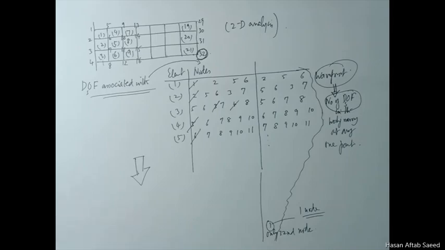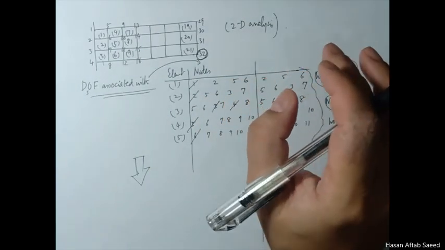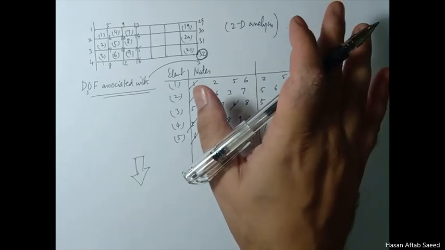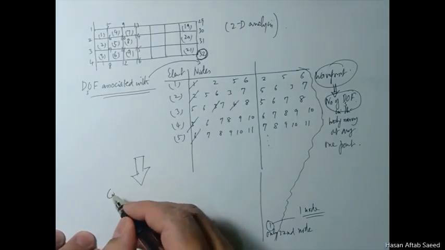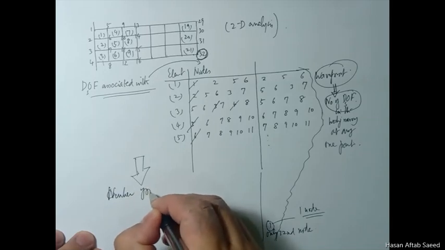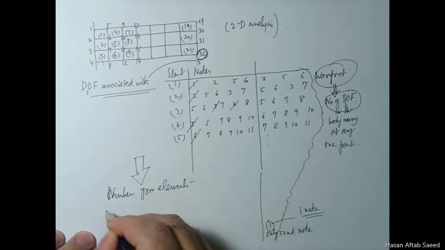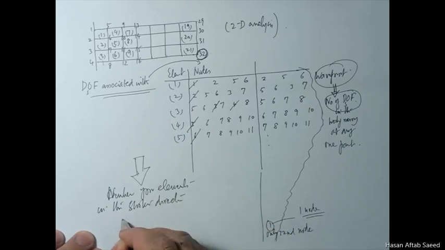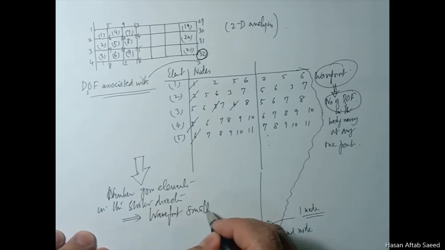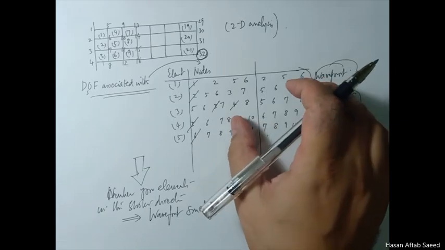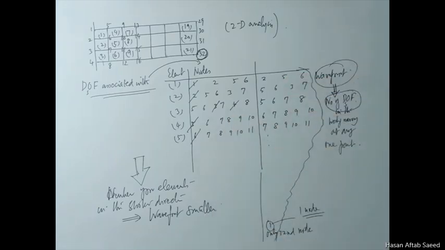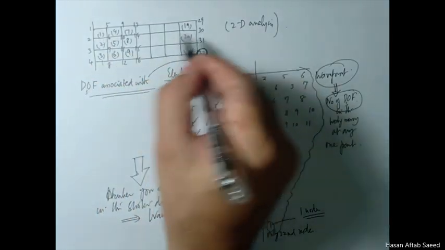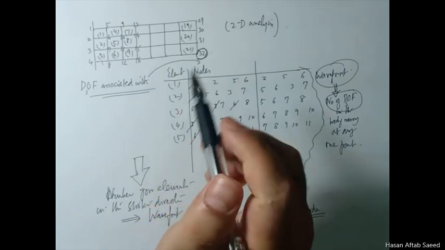So if you are going to solve your FEM equations by wavefront approach, then you should make sure that you number your elements in the shorter direction. This makes your wavefront smaller, which you require, which you would like to have a smaller wavefront. If you number your elements in the longer direction, then your wavefront will be larger, which is not advisable.